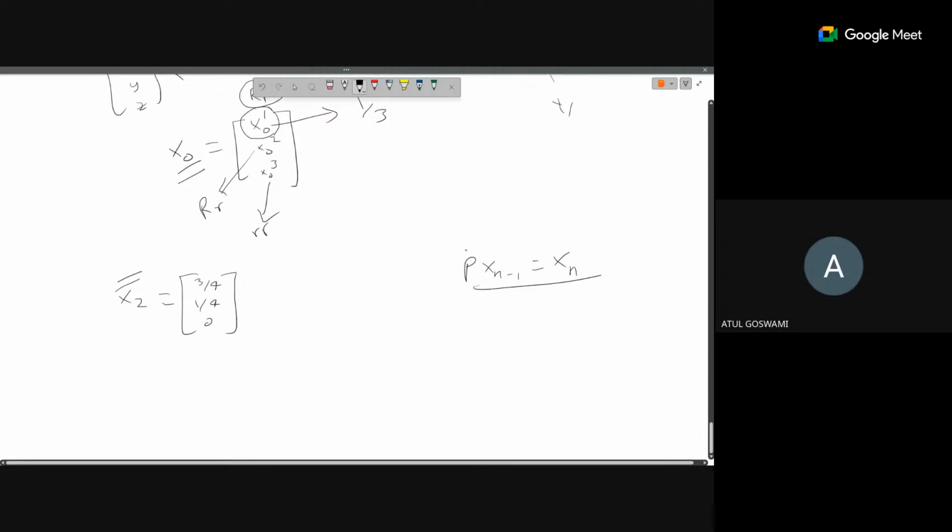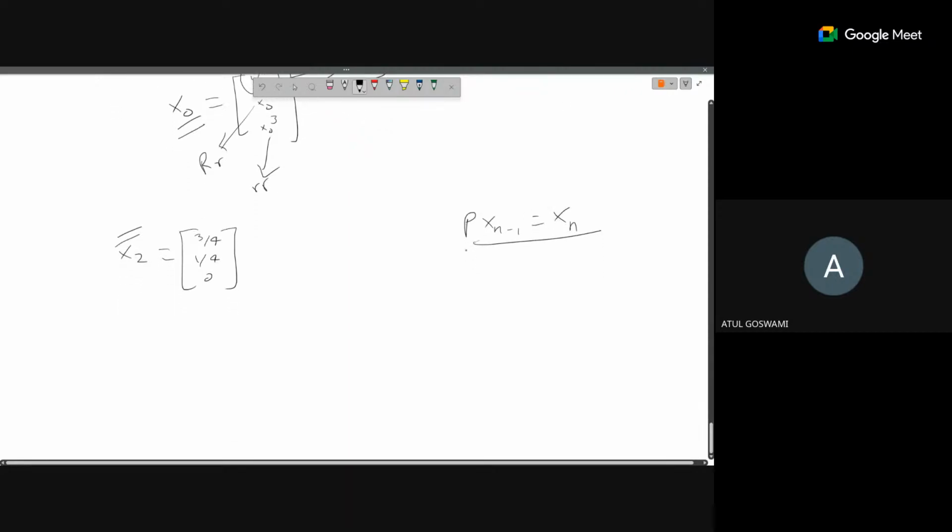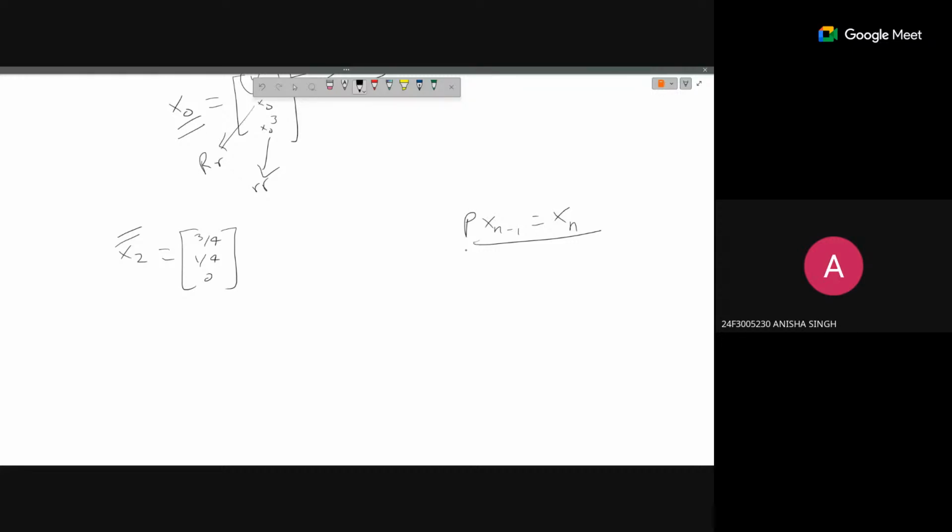So what do we do? One way we can do is put n equals 0 one time, and get a relation: x2 equals P squared x0.